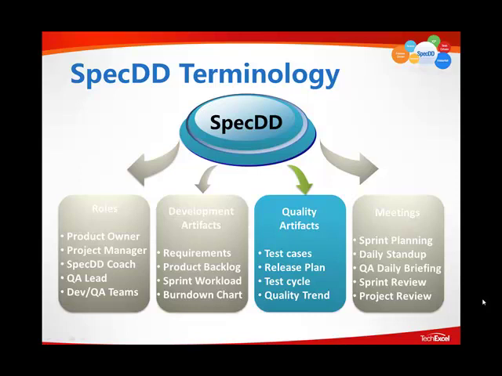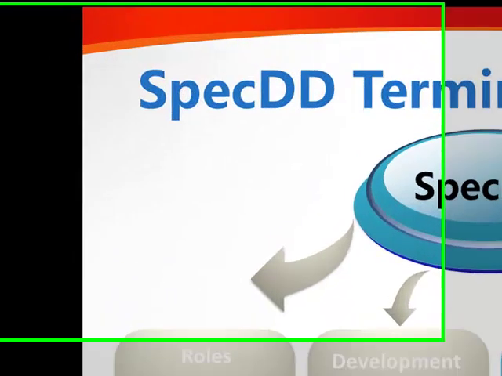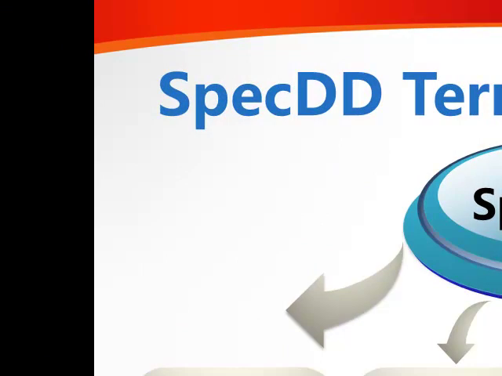So some of the basic terminology we'll use in SpecDD concerning quality. For those of you familiar with testing or QA, some of these will definitely be familiar. We have our quality artifacts of test cases, release plans, test cycles, and quality trend.